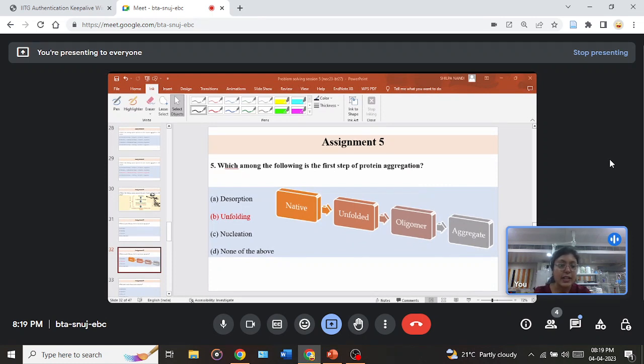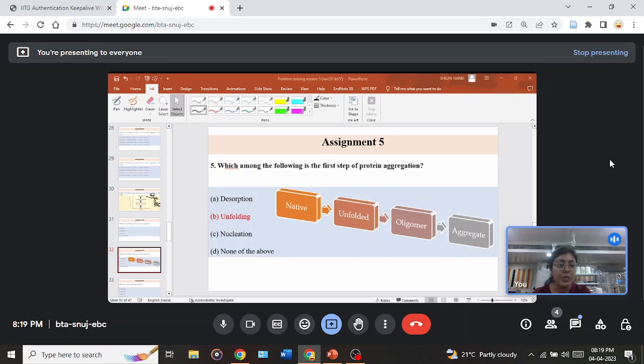Firstly, the native structure is unfolded. Unfolding occurs, with conformational changes, and then oligomers form, which is basically the formation of nuclei, and lastly we have the formation of aggregates.